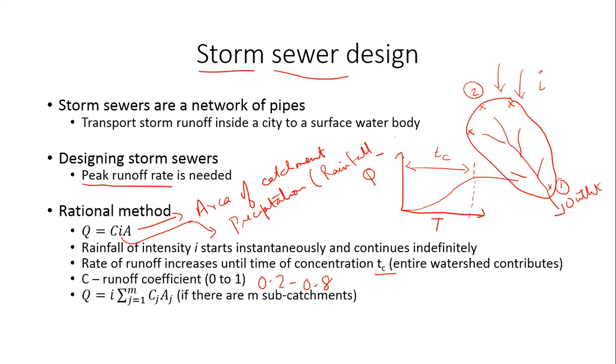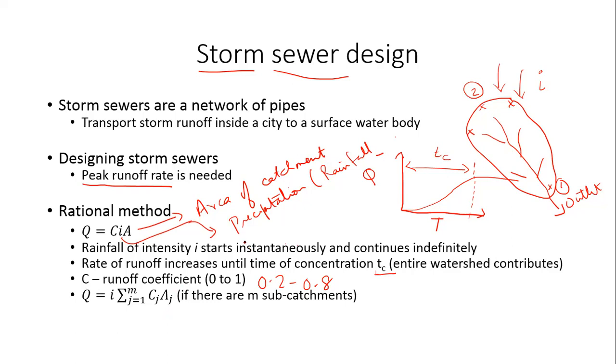Okay. So now, as you can imagine, if I have a watershed in which there are different areas, okay, there may be a residential area, there may be a forested area, there may be some other kind of area. All of these different areas will have their own runoff coefficients. Then what do I do? I simply do I times sigma Cj Aj. I mean, this you can readily understand, right?